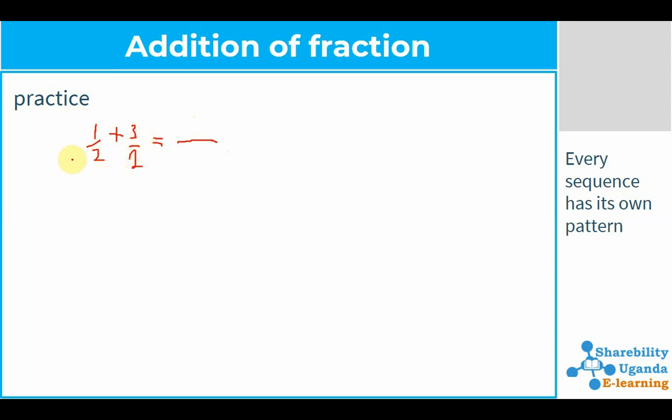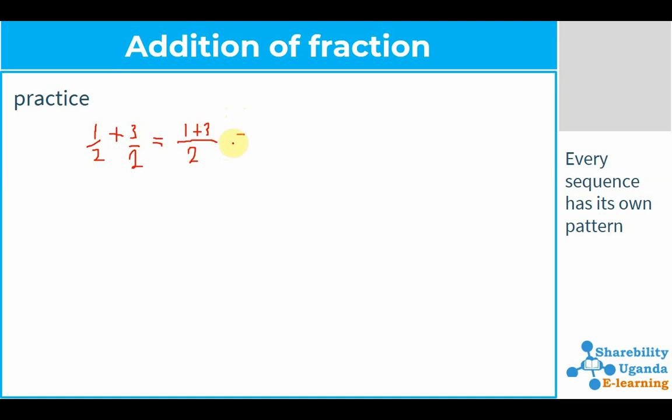When these denominators are the same, we just bring the denominator and put it here. After putting it here, you get the numerators, 1 and 3, and add them, 1 plus 3.